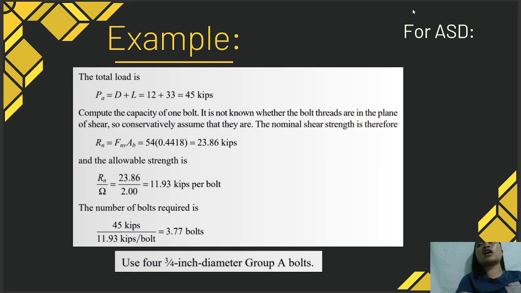Next, we solve it again, but this time using ASD. So we take the dead load plus live load, which is 12 plus 33 equals 45 kips. Compute the capacity of one bolt.